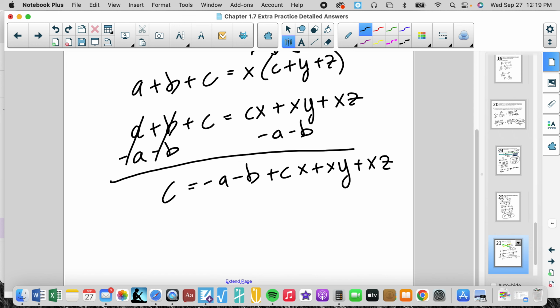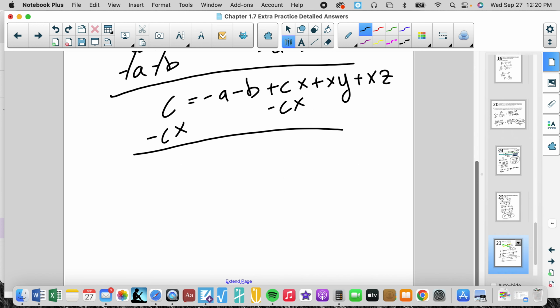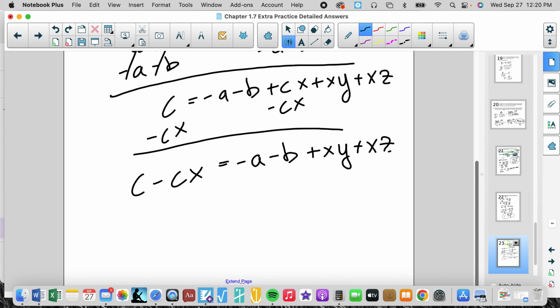Alphabetical order. Now let's get that cx over on the other side with the other c. We're getting our c's consolidated on the same side. We can't combine them because they're unlike terms. So you have the opposite of a minus b plus xy plus xz. Can't combine the x's because that's xy and xz.